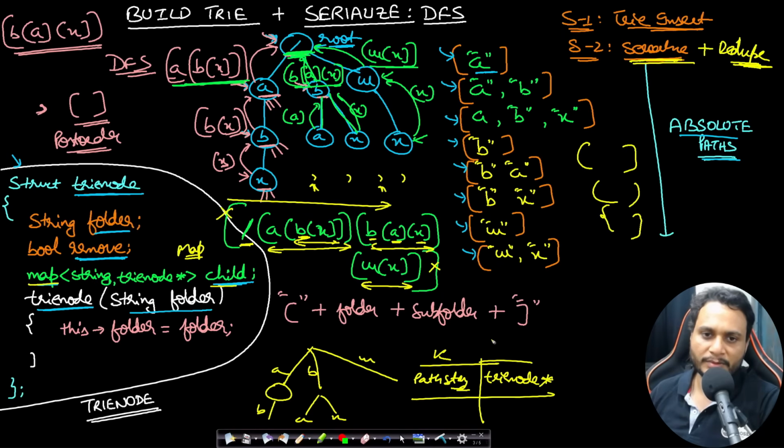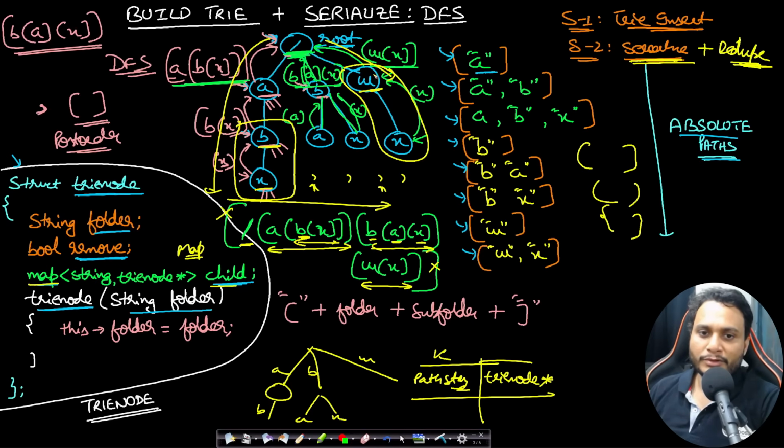Why is this stored in this way? Because let's say in this case, you see wx and this bx are repeating. When you go to bx, you will not realize that another identical wx is also present. You will realize it only when you go in DFS and reach this w and say that, okay, here you have wx and I have already seen a bx which is similar, right?